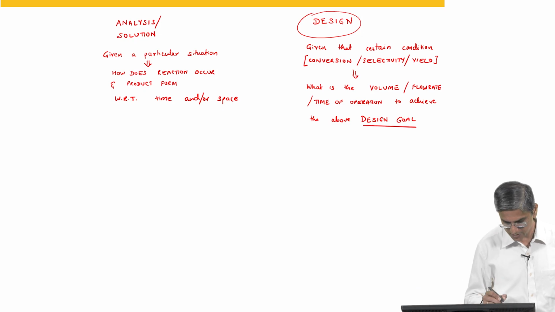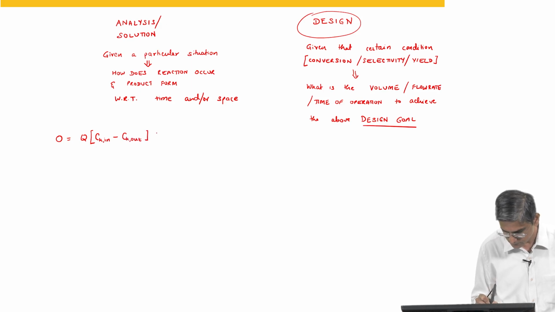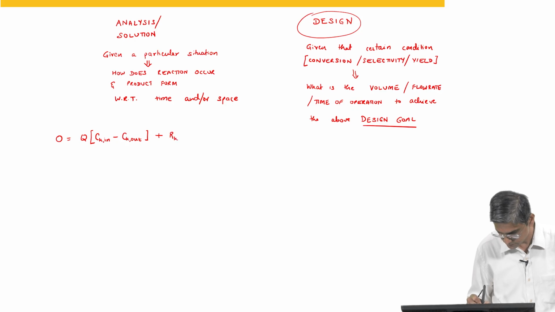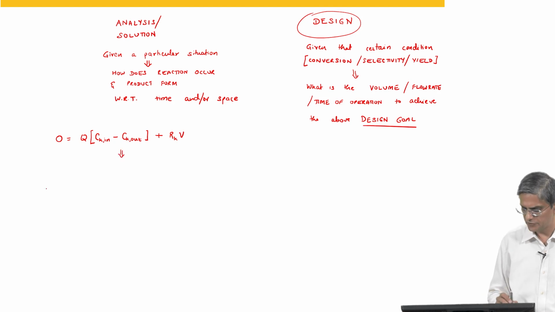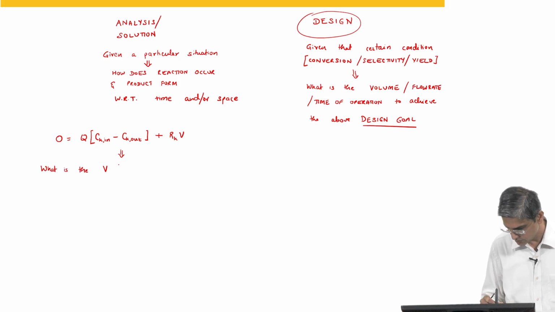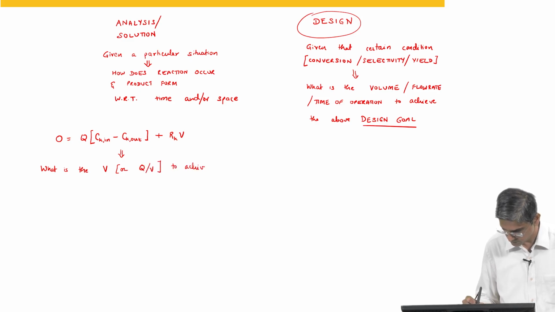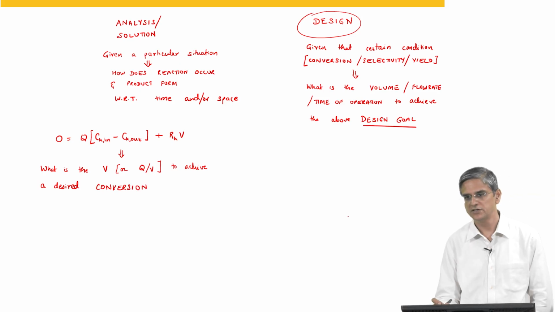So, let us look at again a CSTR. CSTR is 0 equal to Q multiplied by... The question you ask, oftentimes, is how to achieve a desired conversion.